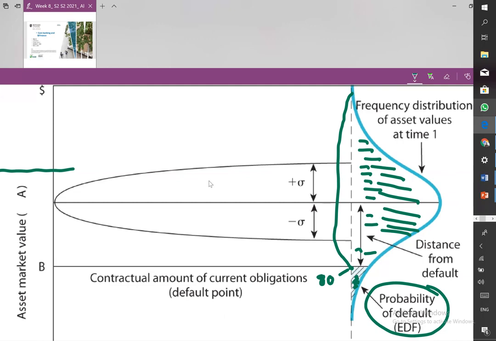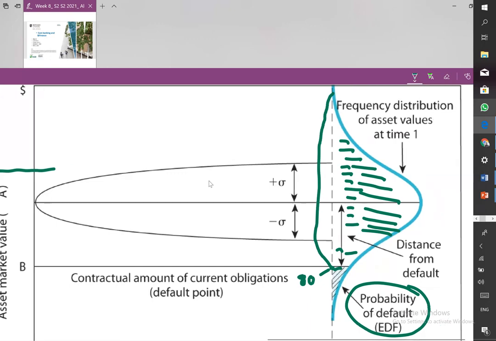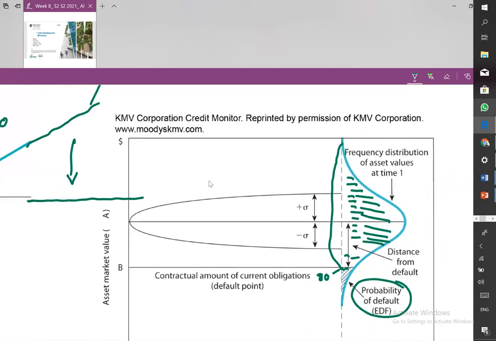Defaulting starts when the value is less than 80 million. Having said that, they developed this model, and they calculate the H1 and the H2, which are this area and this area.